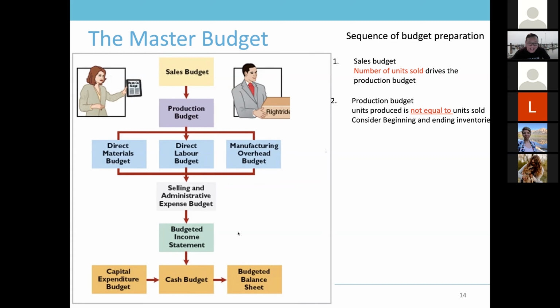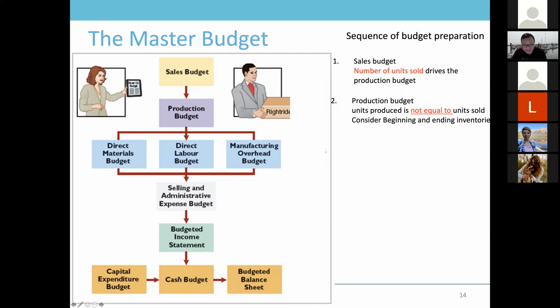So you can see that in the budgeted income statement, the net income is going to come to the cash budget right here. And you also talk about investing and financing activities, those are the capital expenditures, so that also goes to the cash budget.